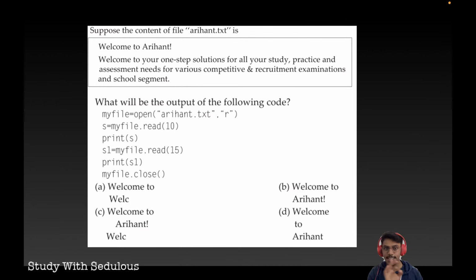My file dot read 15 means we'll be reading 15 characters. But we have already read 10, so we'll be reading from the 11th position.